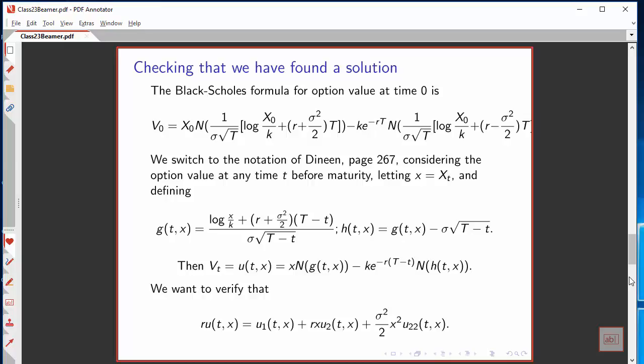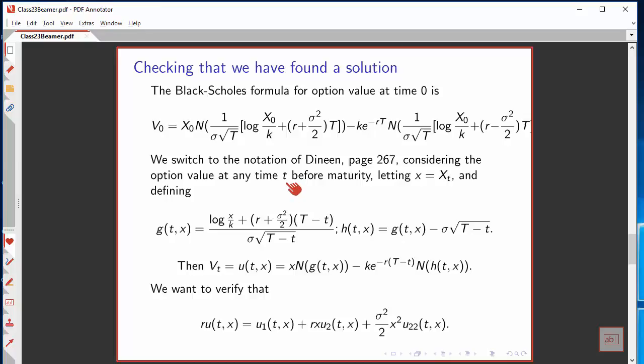So, we have a differential equation that is satisfied by the value of the option, and we also have a formula for it. Here's the Black-Scholes formula from the previous class, and now I'm going to switch over to the notation that Dineen uses starting on page 267 of the edition that I've got.